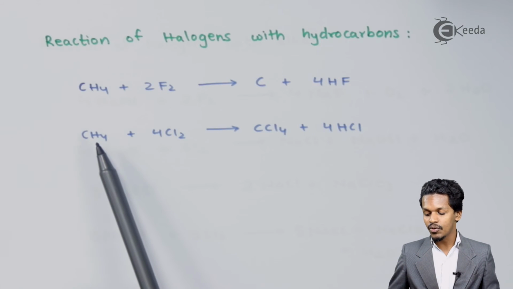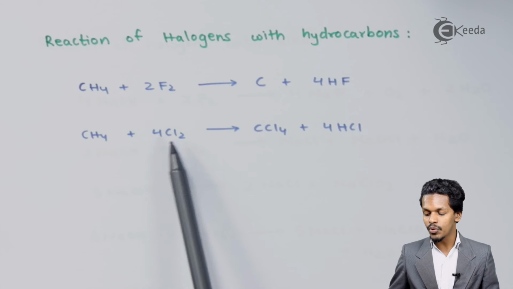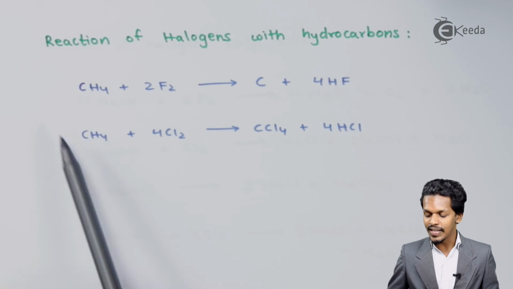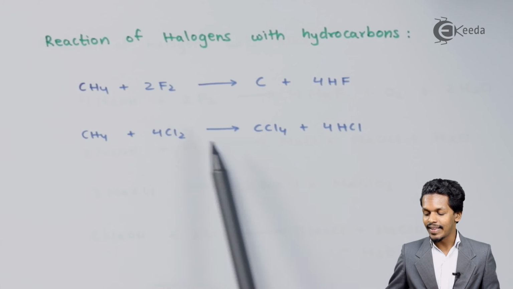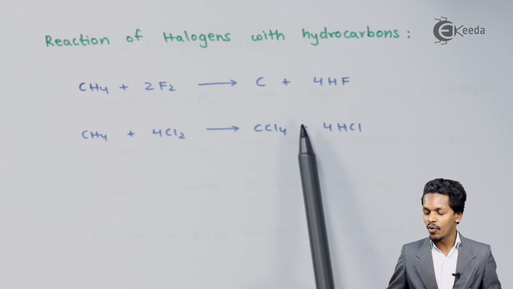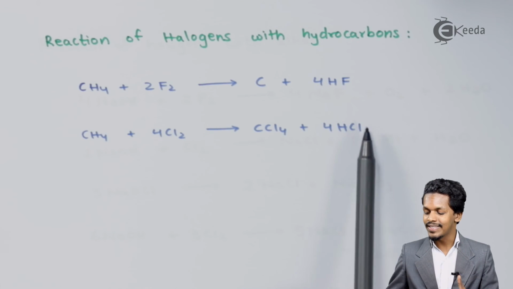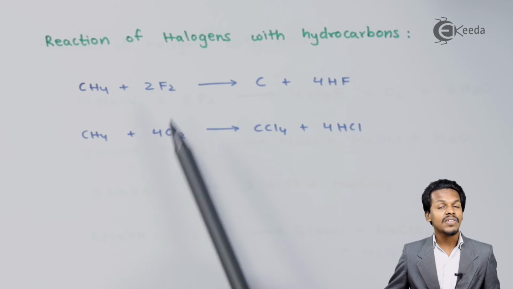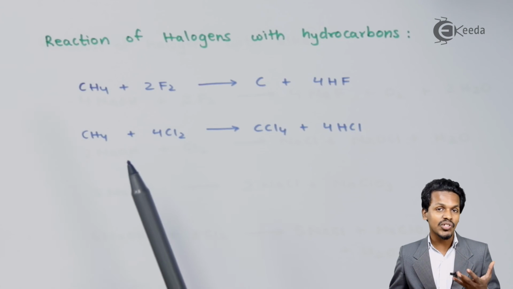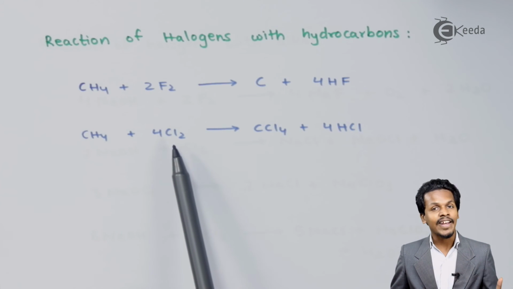Suppose we talk about the reaction of methane with 4 moles of Cl2: we get carbon tetrachloride, which means all the hydrogens are substituted by chlorine atoms, and this is how we form carbon tetrachloride along with the evolution of 4 moles of HCl. So the reactions are very different. This shows how fluorine is very reactive compared to chlorine.